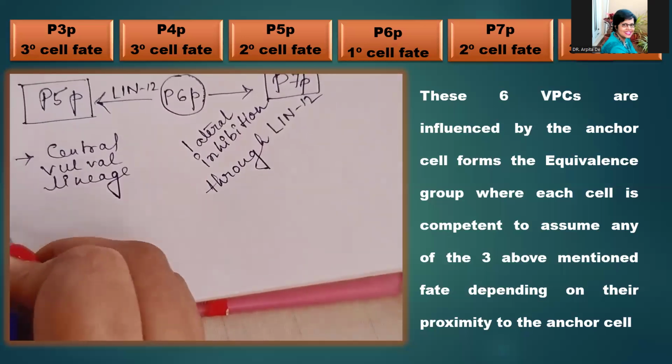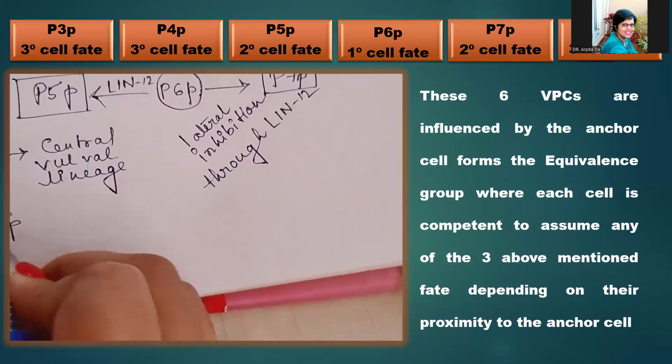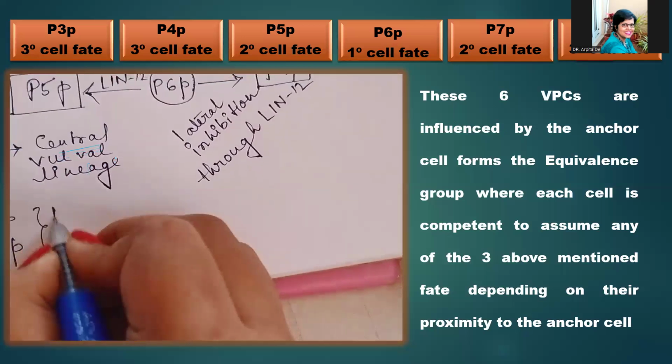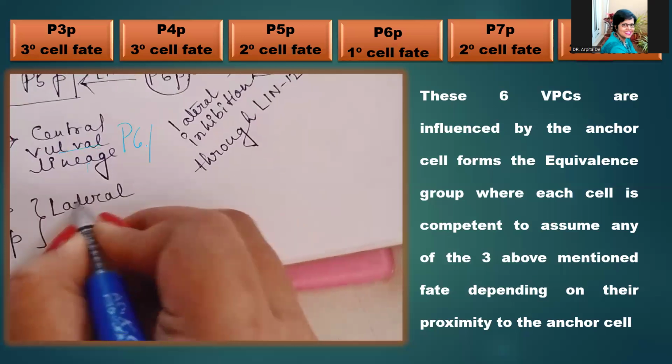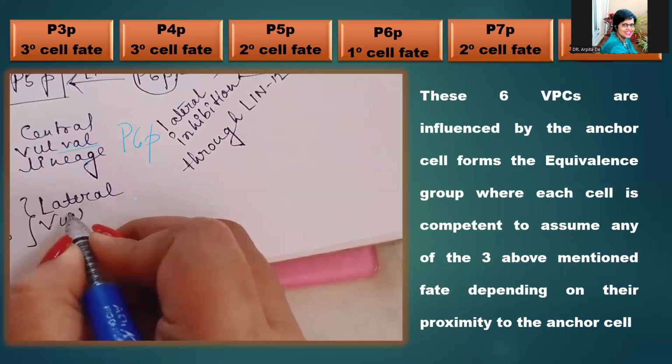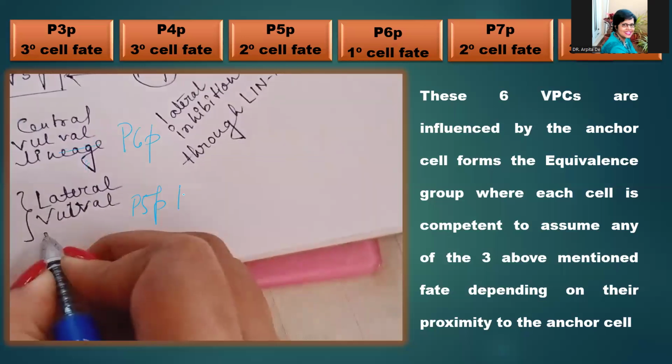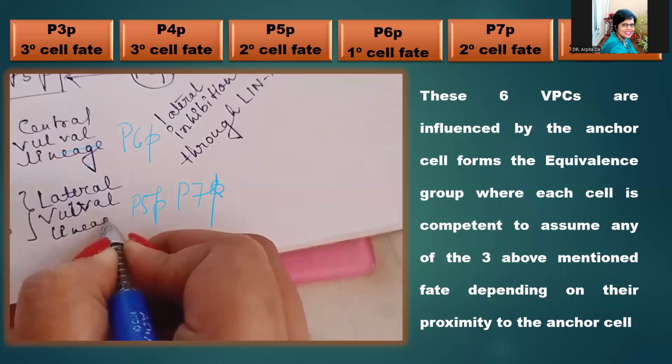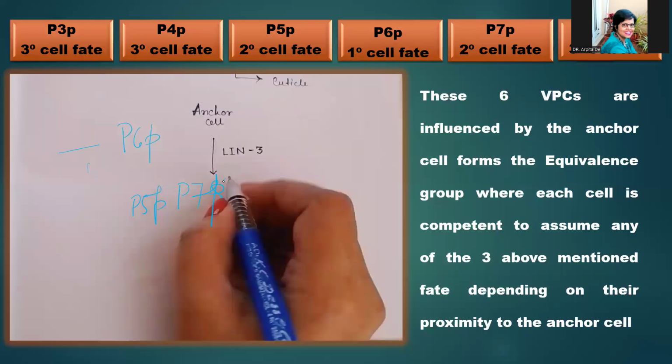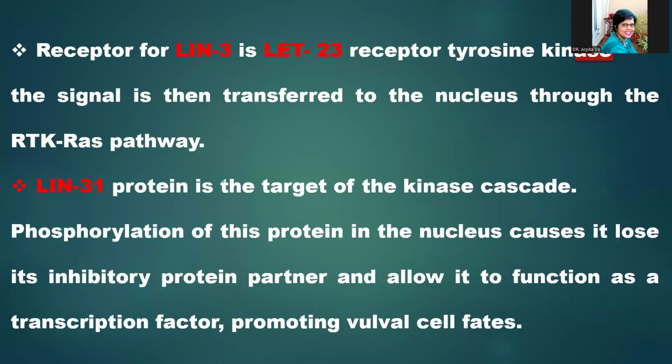The P6.p part is the central vulval lineage. And the lateral vulval lineage is P5.p, P7.p. Right? The receptor for Lin-3 is Let-23. Here you get to learn a lot of numbers: Lin-3, then 12, 23.